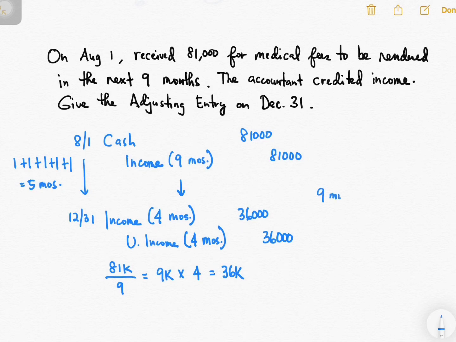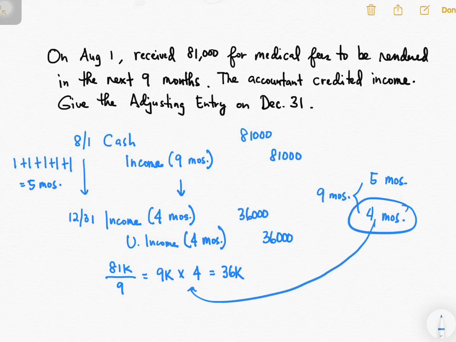So let's do that. Your total is 9 months, right? This year, you earned 5 months. Meaning, 4 months still unearned. And what did I say about income method? You are concerned with the unearned portion, this one. That's why this is what I use here. So that's another way for you to compute the amount.